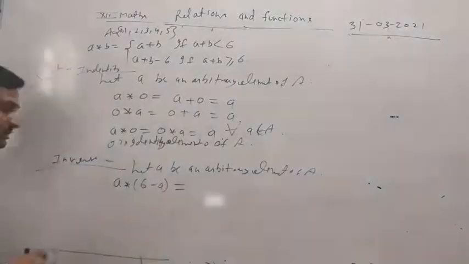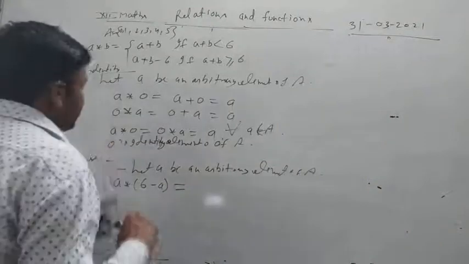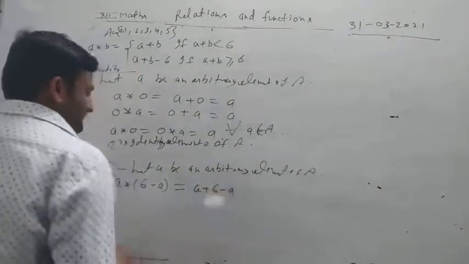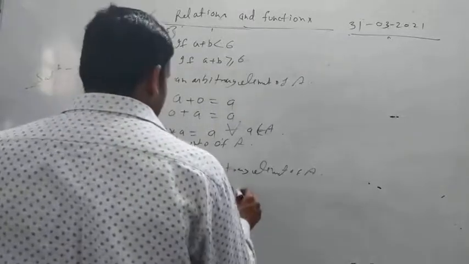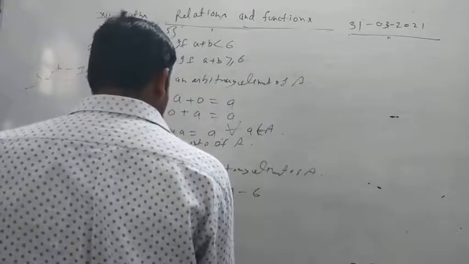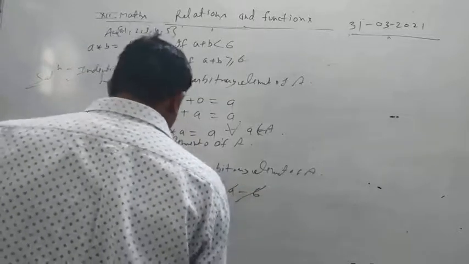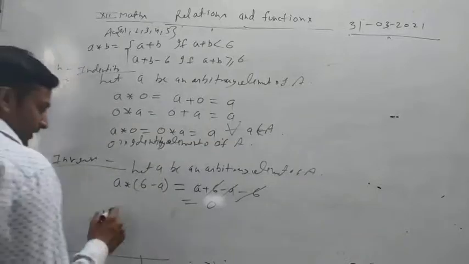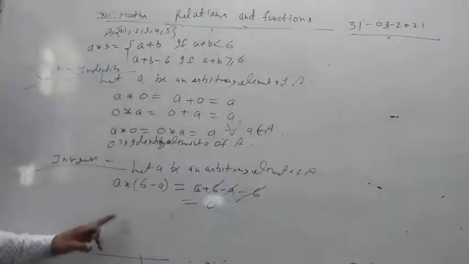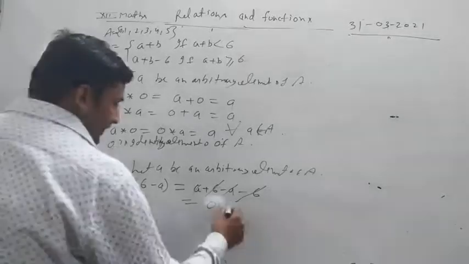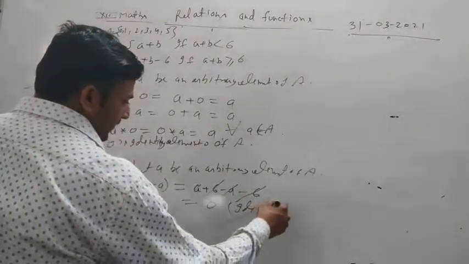This is equal to, we write A plus B minus 6, that is A plus 6 minus A minus 6. So this is equal to 0, and this is the identity.